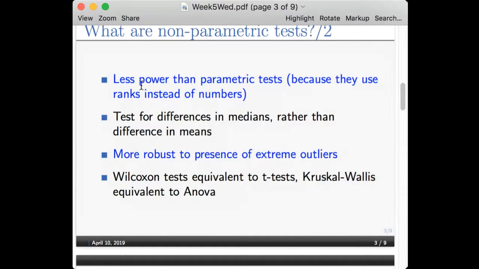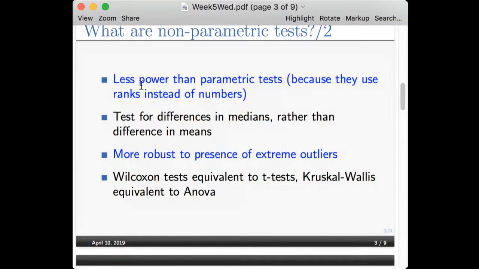And then you would take each data point and give it a rank. So the largest one would be rank 1, the second largest rank 2, third one rank 3. So you're sort of throwing away a lot of information about how far apart your data points are. So that's why it's not as powerful, but it doesn't rely on the assumptions as much.